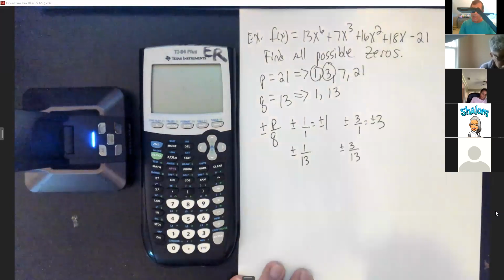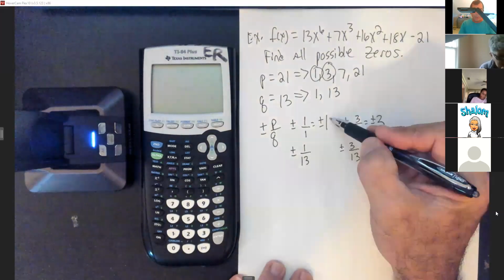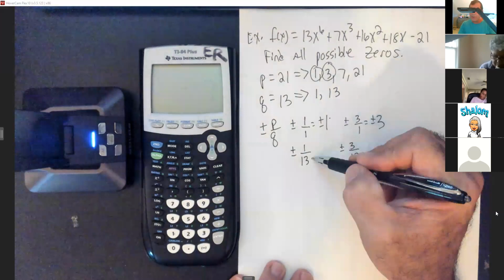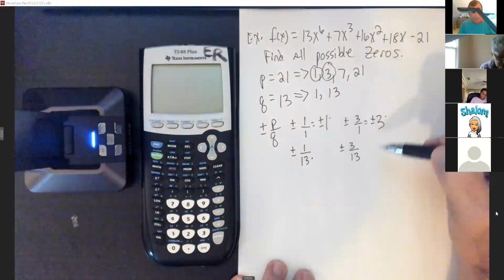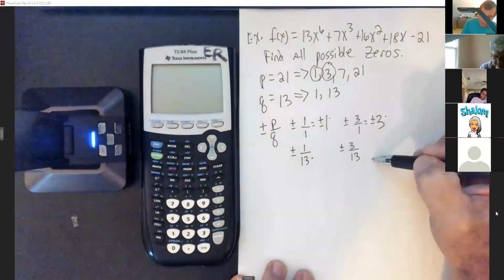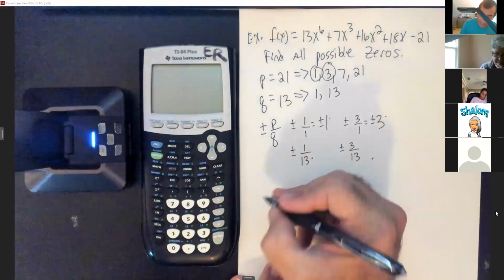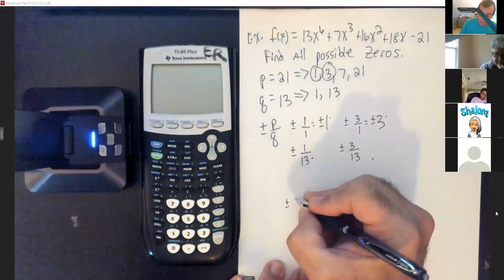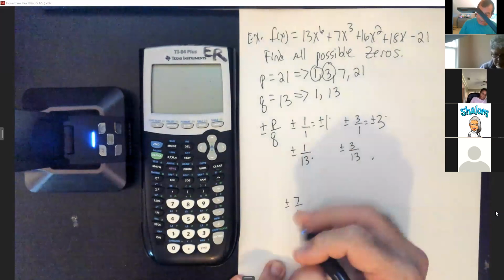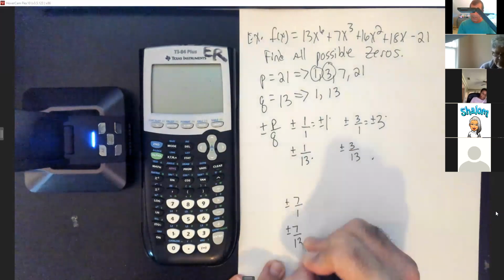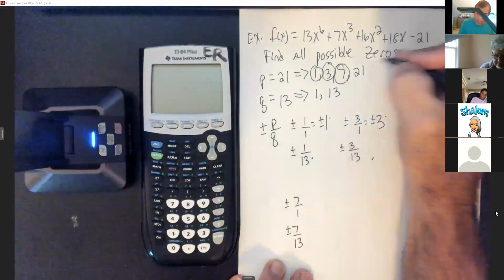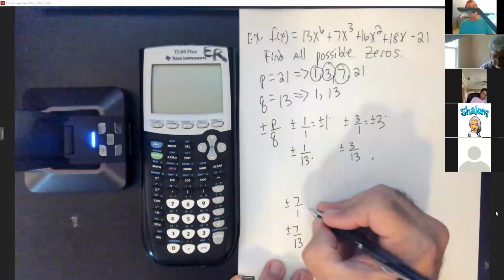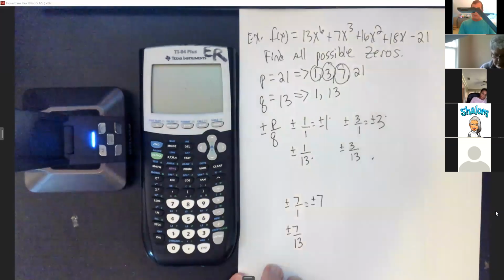So far I got a plus or minus 1, plus or minus 1/13, plus or minus 3, plus or minus 3/13. Then I do the 7. So plus or minus 7 divided by 1, plus or minus 7 divided by the 13. 7 over 1 can be simplified to a 7. So I've done 3 numbers.